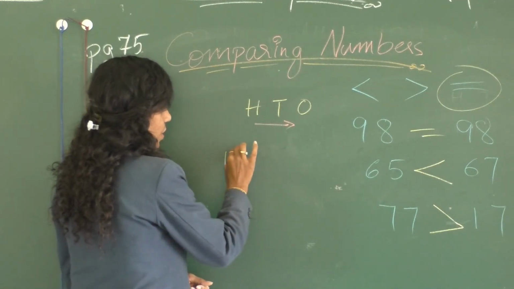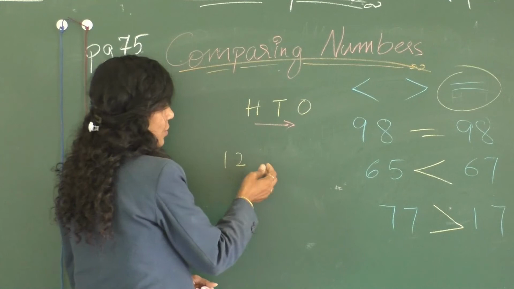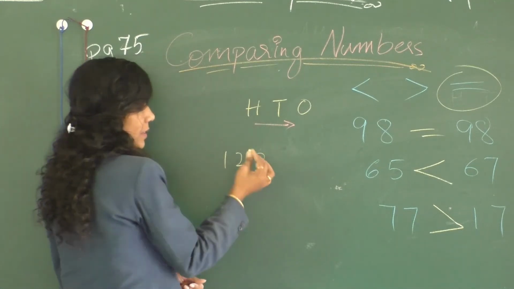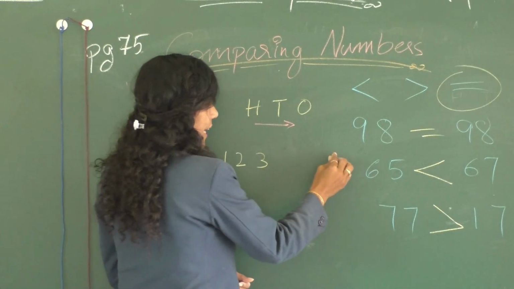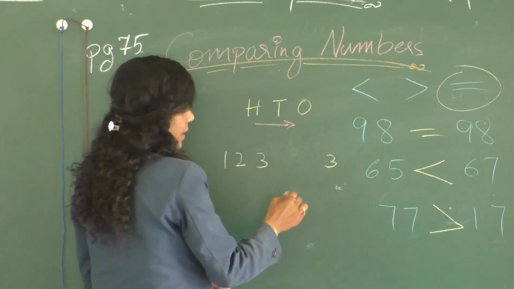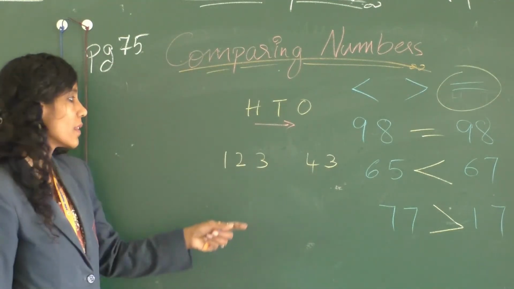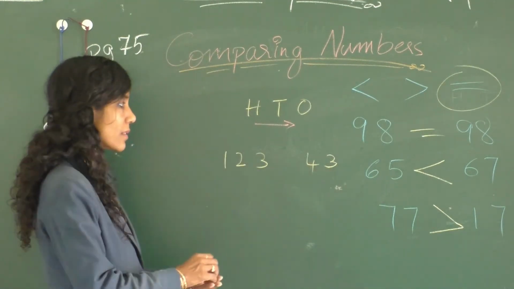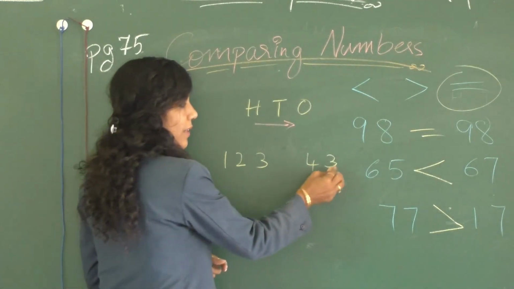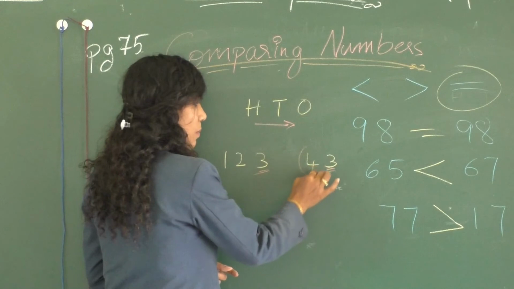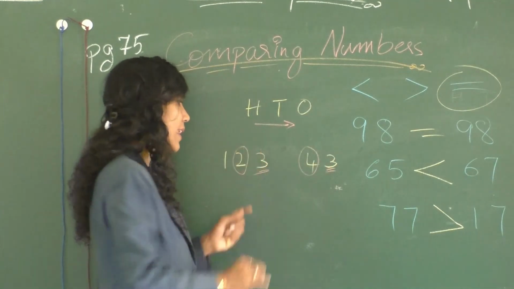Now here we have 1, 2, 3 and 3, 4. See here again, these two numbers are same. This is more, this is less.